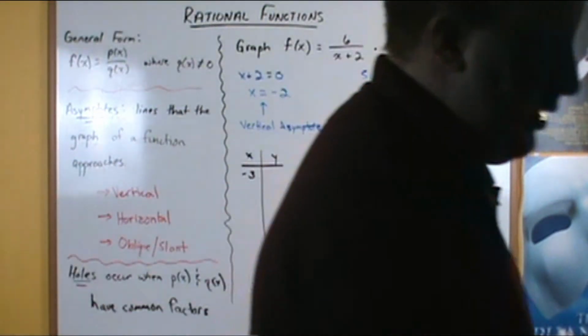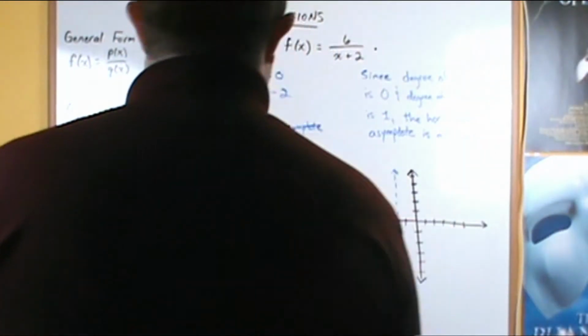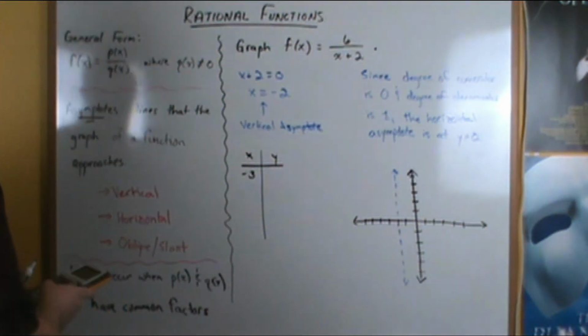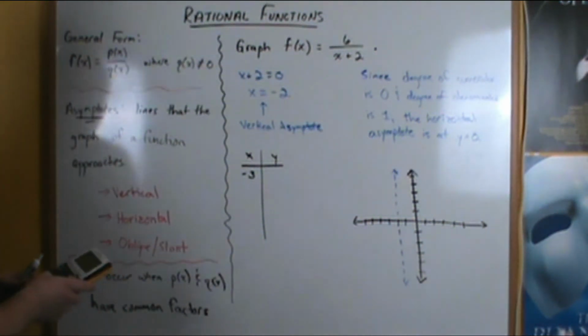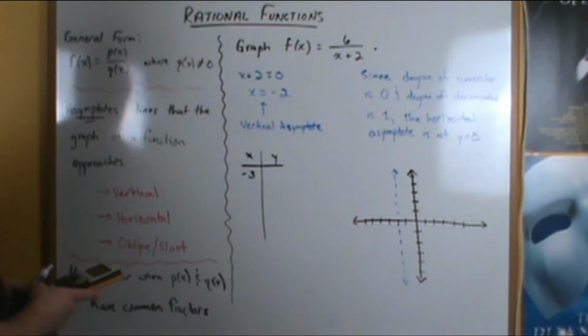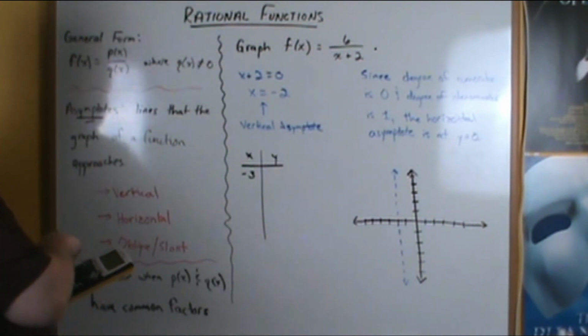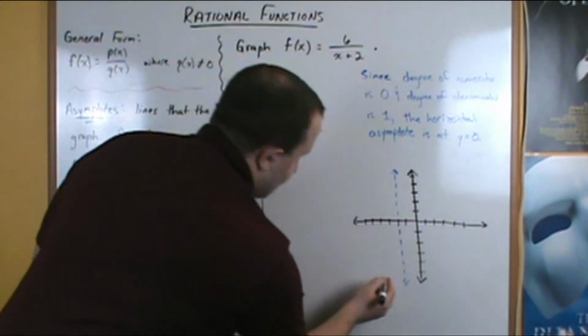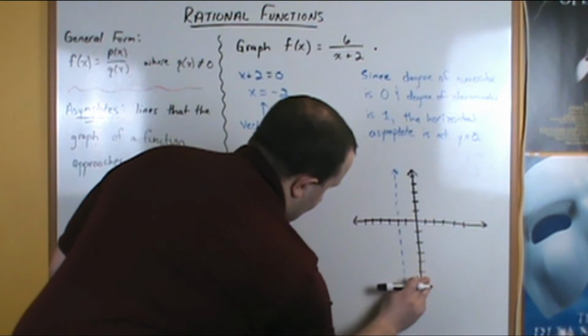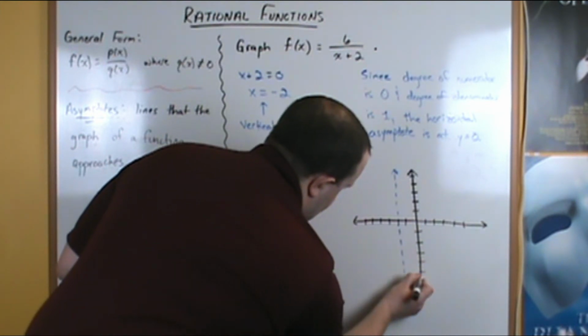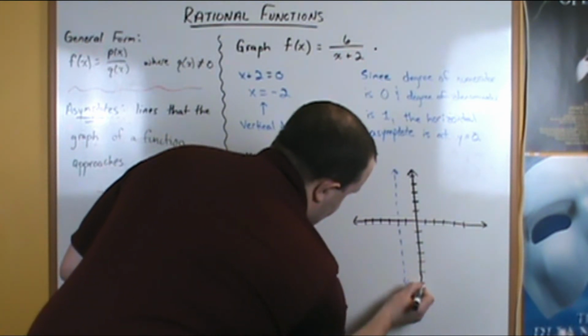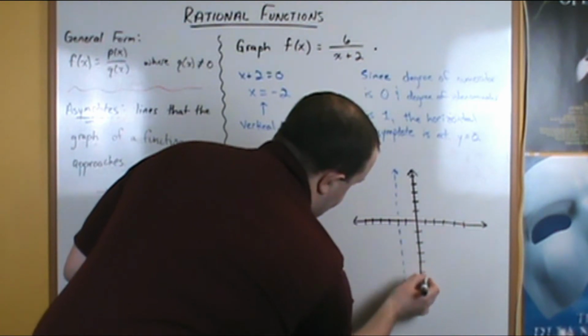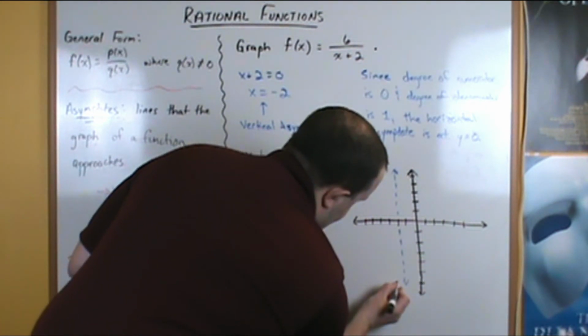Take your calculator, do 6 divided by the quantity -3 plus 2, and you'll get -6. So that point is going to be all the way down here if we extend this line down. We have -1, 2, 3, 4, 5, 6. That's going to be right about there.